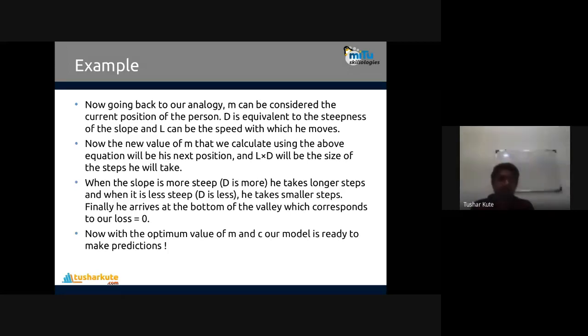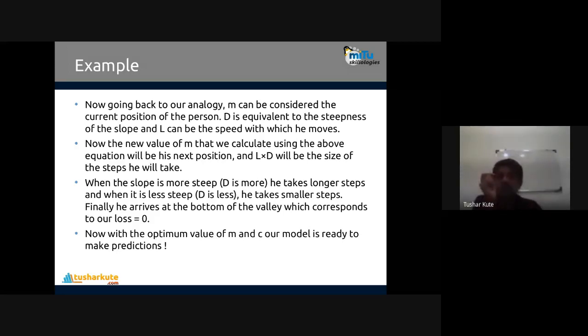Now, the new value of M that we calculate using the above equation will be his next position. Remember, M will be the new value, its next position, and L, the learning rate, into the derivative will be the size of the step that he will take.